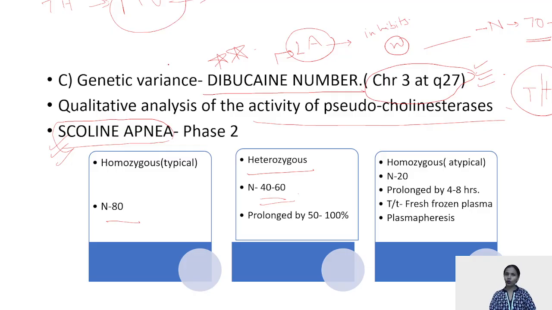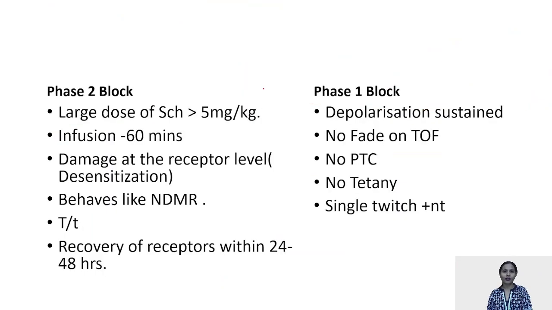Eventually, the pseudocholinesterase will metabolize your scoline and the patient will recover. But if this is not working, then you can use fresh frozen plasma or plasmapheresis. The first choice of management is mechanical ventilation, followed by fresh frozen plasma or plasmapheresis.